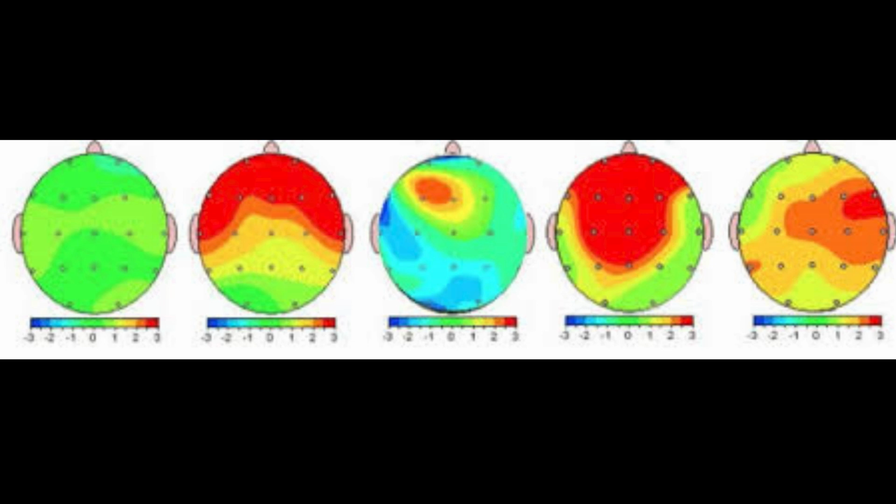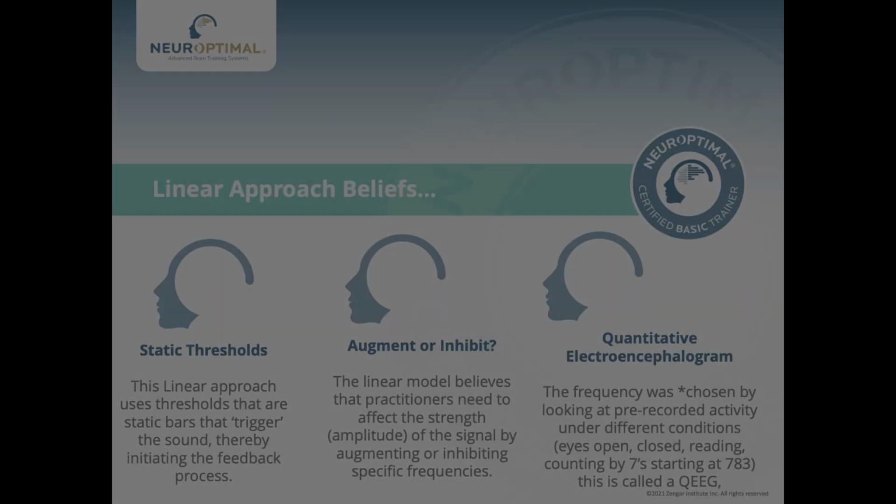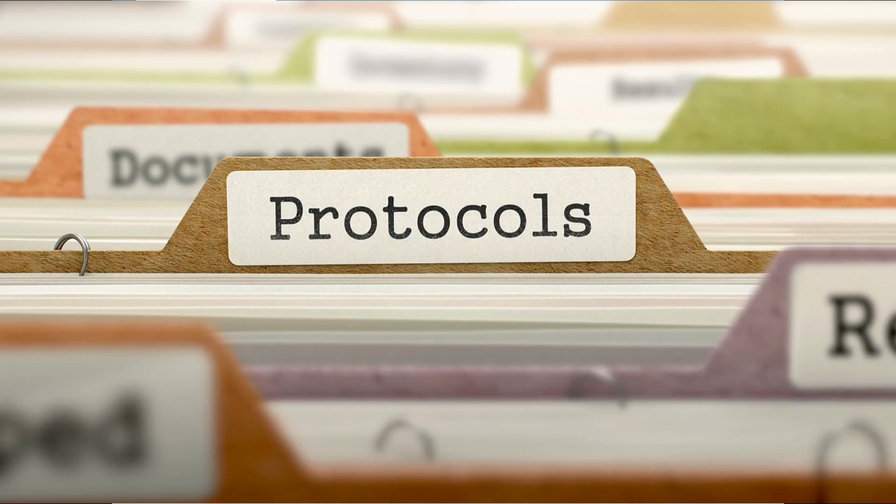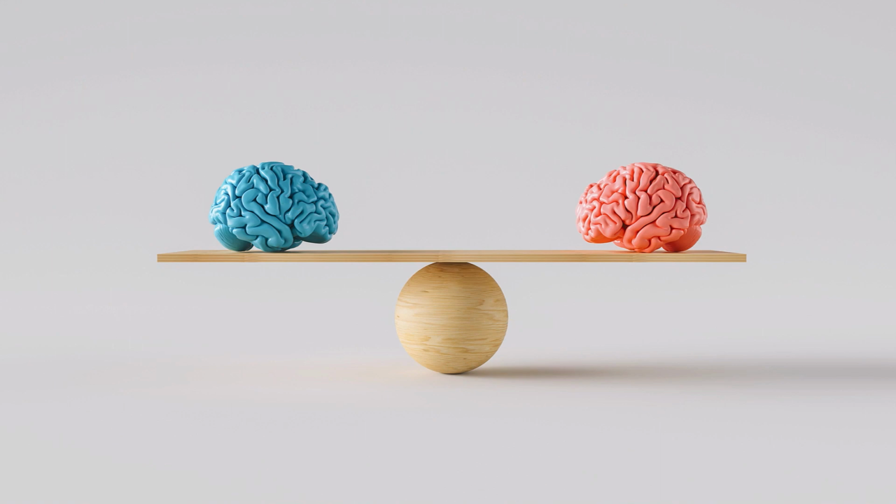Now, the interesting thing about this is that when they do that, you're then following that protocol for anywhere from 20 to 30 sessions, because they believe that is what your brain needs to be balanced. And that's what they're working towards, is a balanced brain.